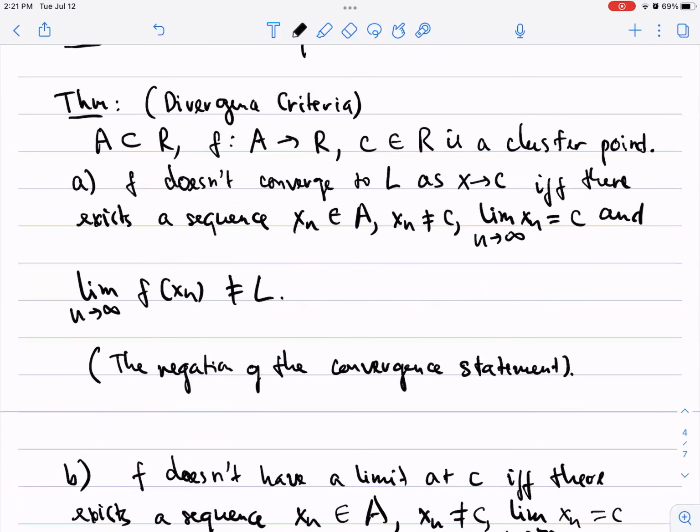Also, we have a divergence criterion similar to the divergence criterion for a sequence.